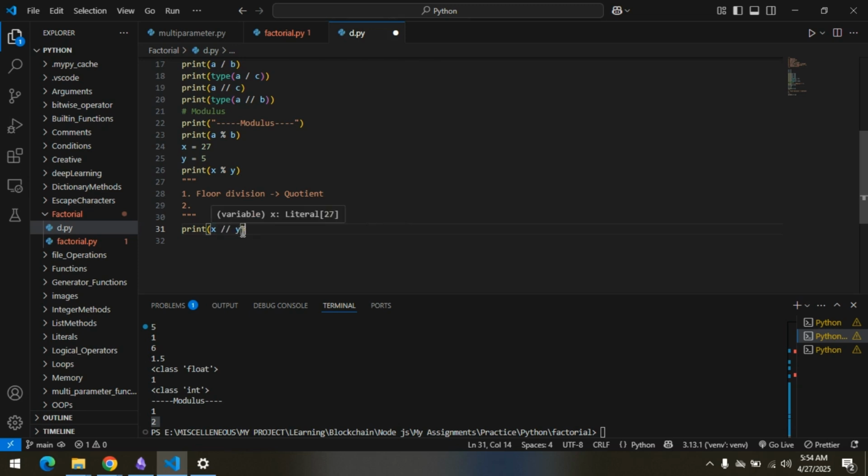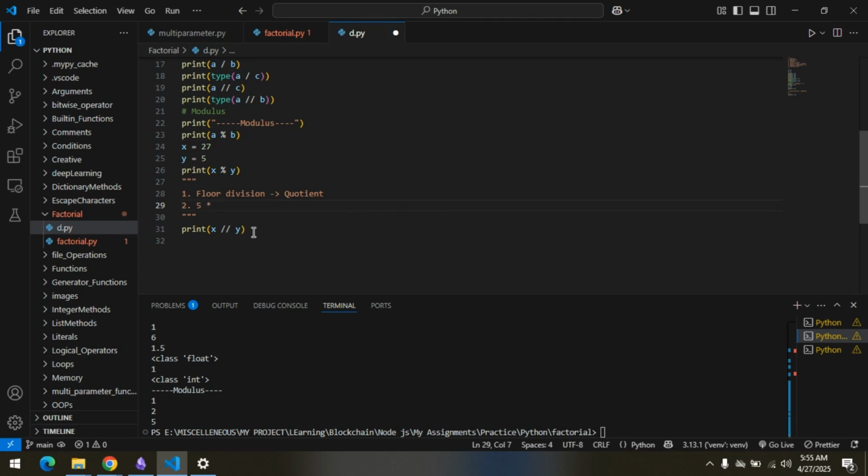So it's gonna check how many times y can be divided in x, and it would then round down the number to the nearest integer.